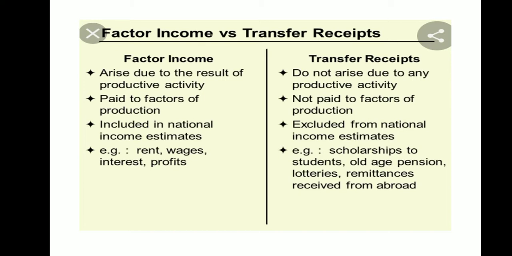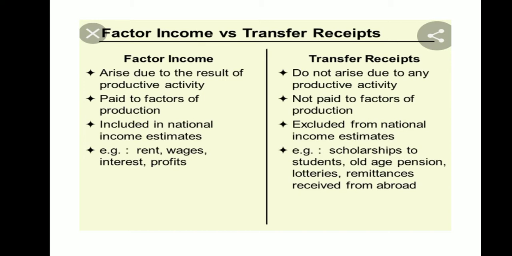Factor income is paid to the factors of production, that is land, labor, capital and entrepreneur, whereas transfer receipts are not paid to the factors of production. Factor income is included in national income estimates, whereas transfer receipts are excluded from national income estimates.